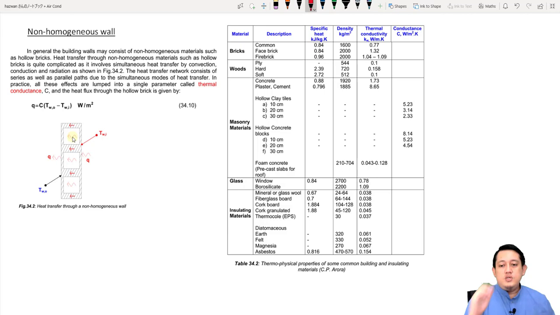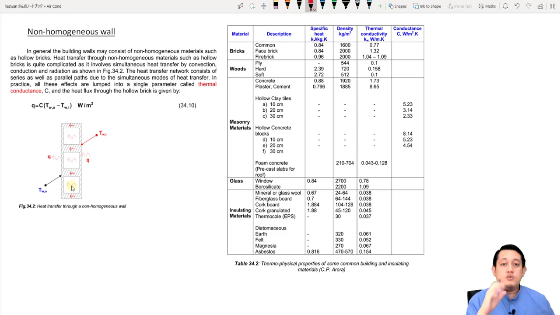Sometimes we use this kind of brick because we want to decrease the heat transfer. Because actually air is a very bad heat transfer material. It is not easy to transfer heat through air. So that's why we have the air inside the brick here.